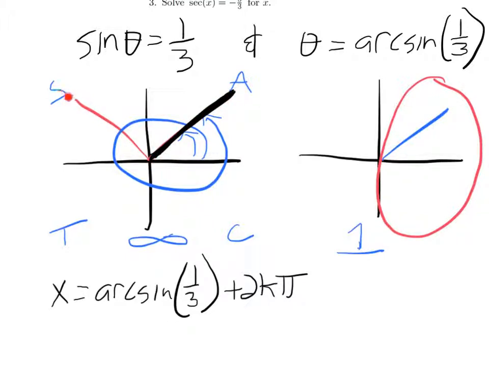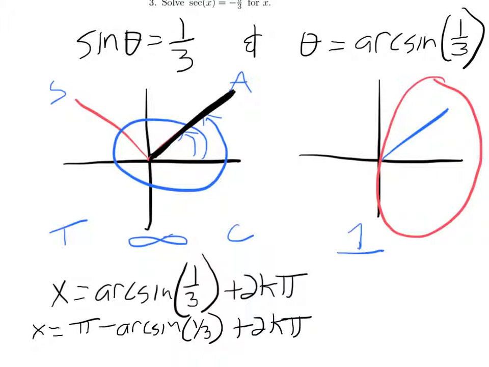Now how would I get this value though? The reference angle is the same. It's arc sine of 1/3. But to get a second quadrant angle, that's pi minus the reference angle. So we would also have x equals pi minus arc sine of 1/3, and that also plus 2k pi.